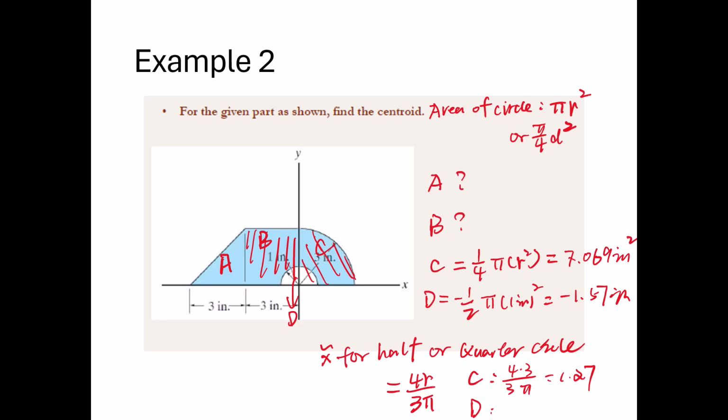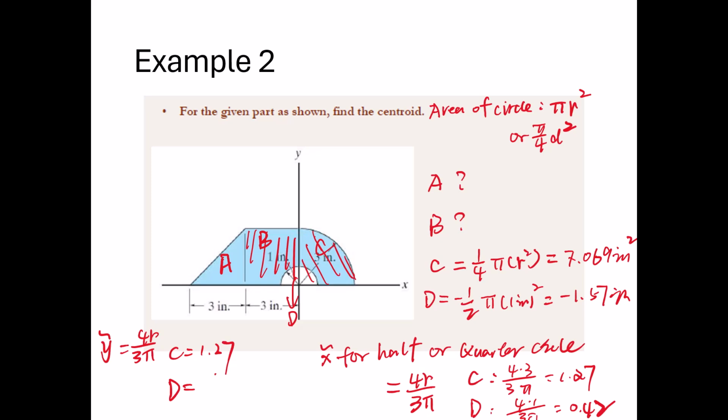For the Y, it's 4r over 3 pi. Same thing, C is 1.1, 1.2. D is 4 times r over 3 pi.